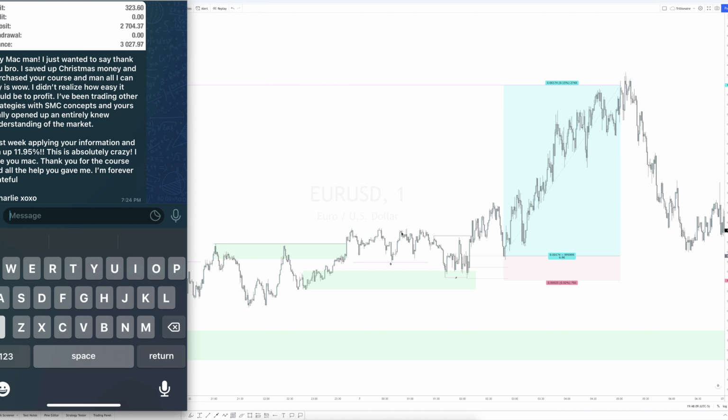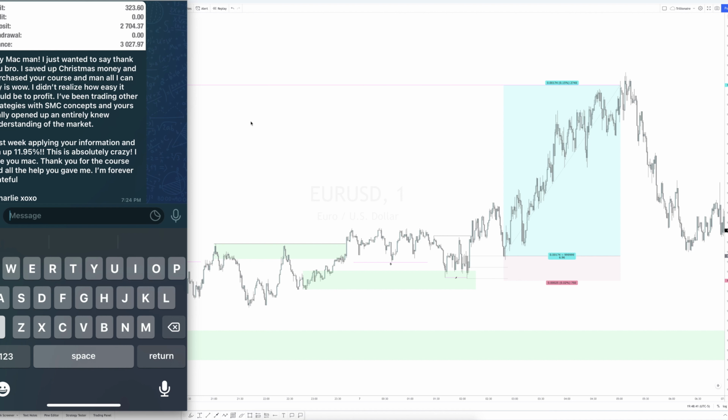I've been trading other strategies with SMC concepts, and yours really opened up an entirely new understanding of the market. First week applying your information, and I'm up 11.95%. This is absolutely crazy. I love you, Mac. Thank you for the course and all the help you gave me. I'm forever grateful. Charlie, XOXO.